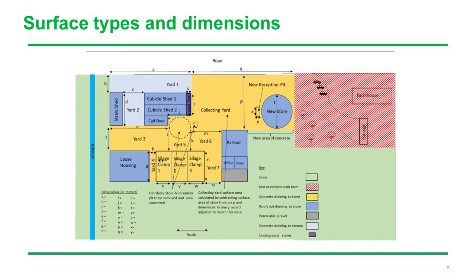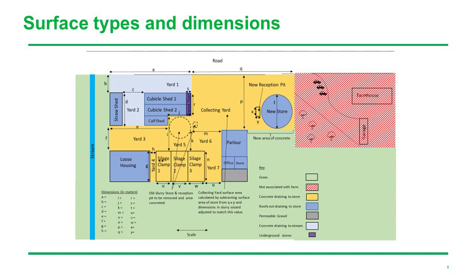The dimensions for slurry stores, reception pits, and external surfaces that drain to the slurry storage system have also been added. We use the site plan to check your slurry capacity requirement calculations, and to do this we need to understand which surfaces collect rainfall and drain to the slurry storage system.